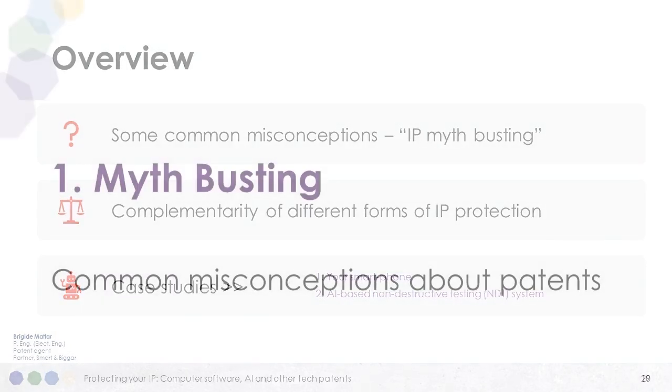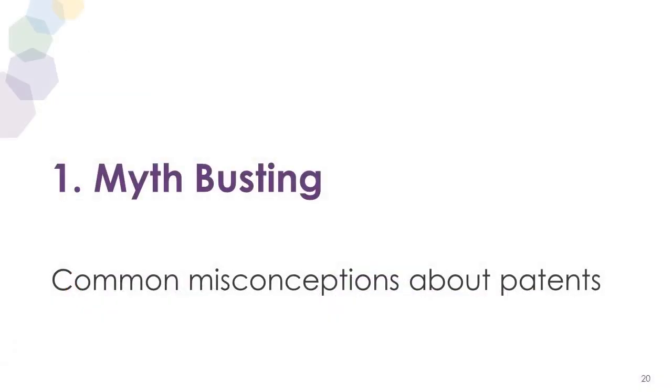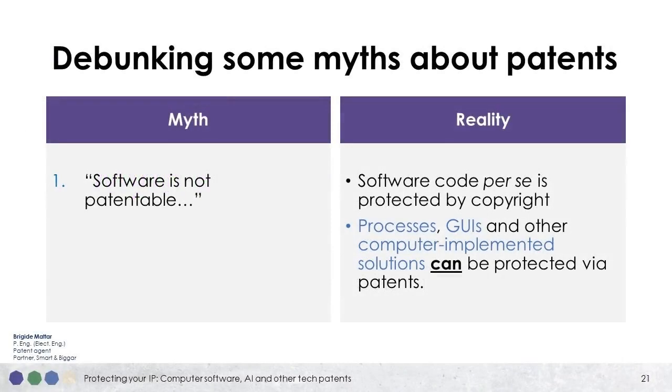So in terms of the myths that are common on software and that we keep hearing, unfortunately, regularly, the first one is software is not patentable. So that is false. It's completely false. There has been some misunderstanding. When people say that software is not patentable, really what they mean is that the software code, the program code, is not protected by patent, but rather is protected by copyright.